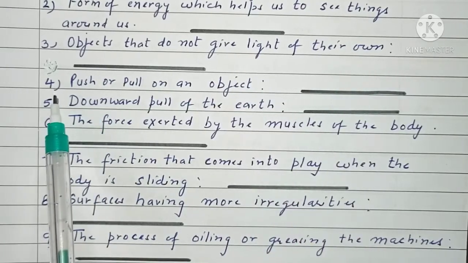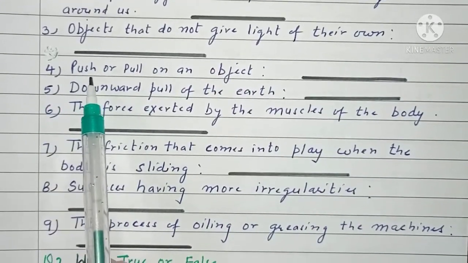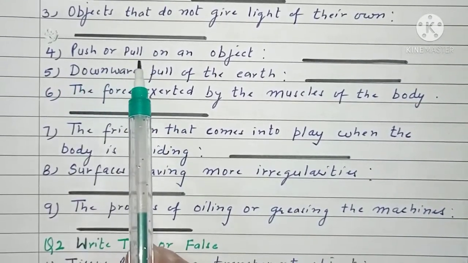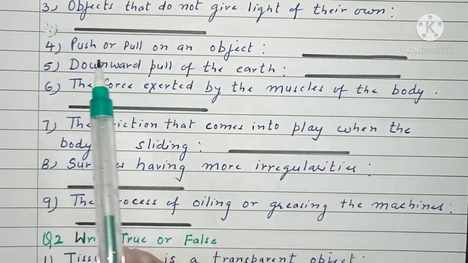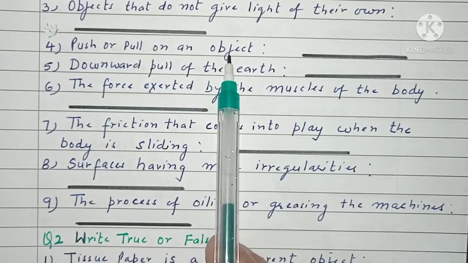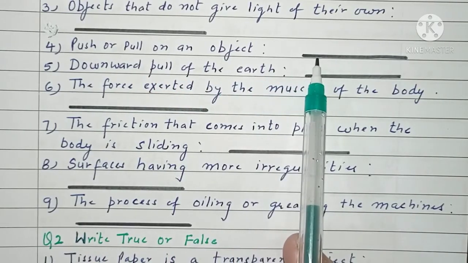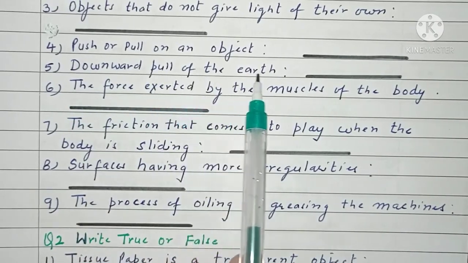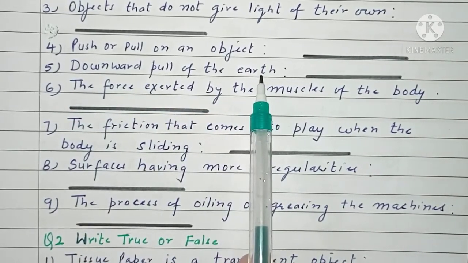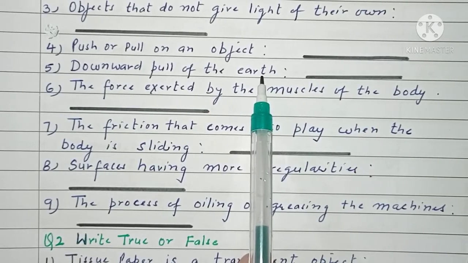The fourth part is you have to tell what is push or pull on an object known as. The push or pull on an object is called force. Then the downward pull of the earth, that is the force of the earth which pulls everything towards its center.